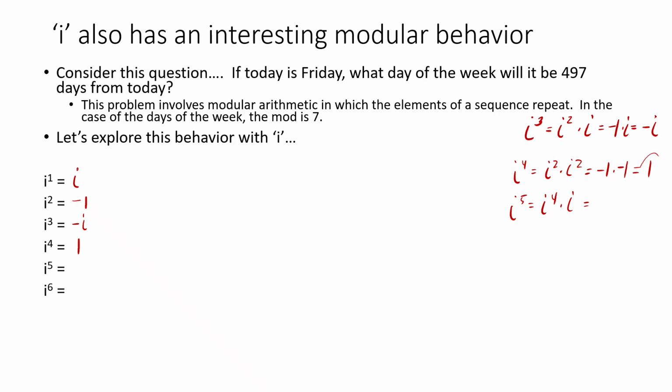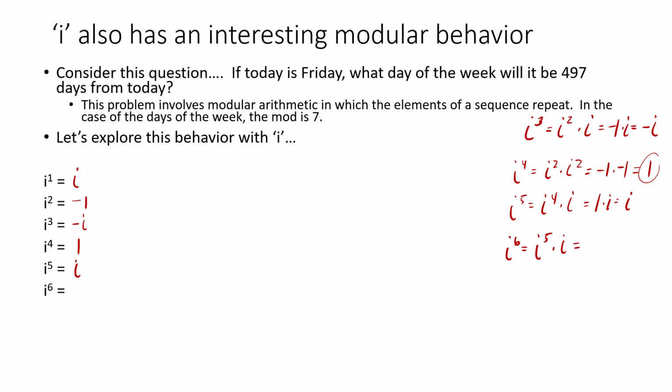But i to the fourth, remember, is 1, so that is just 1 times i. And notice that we're back where we started. By the time I get to i to the fifth, I'm back where i to the first was, which means we're going to end up in a pattern where we keep putting an i in. So i to the sixth would be i to the fifth times one more i.